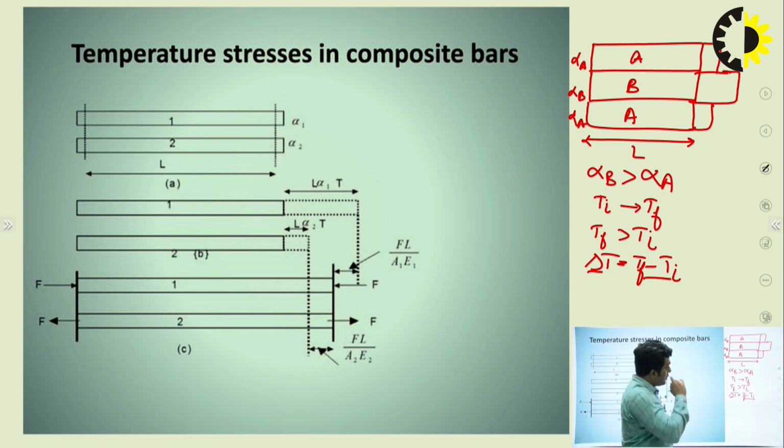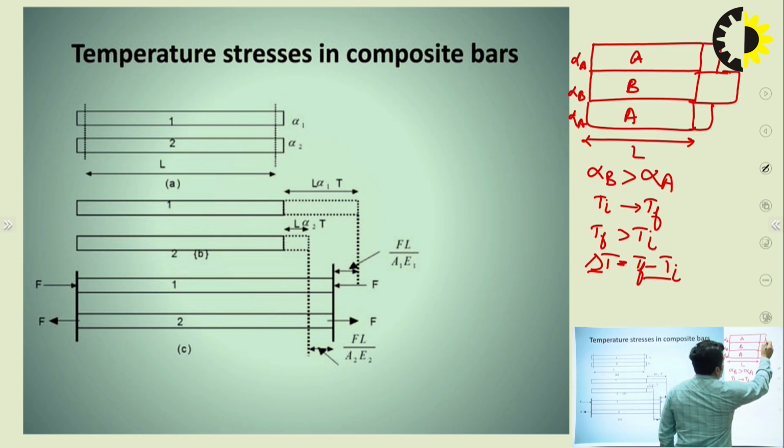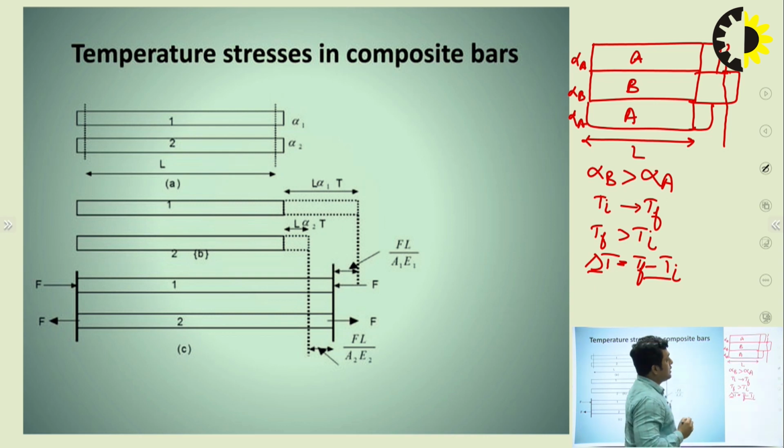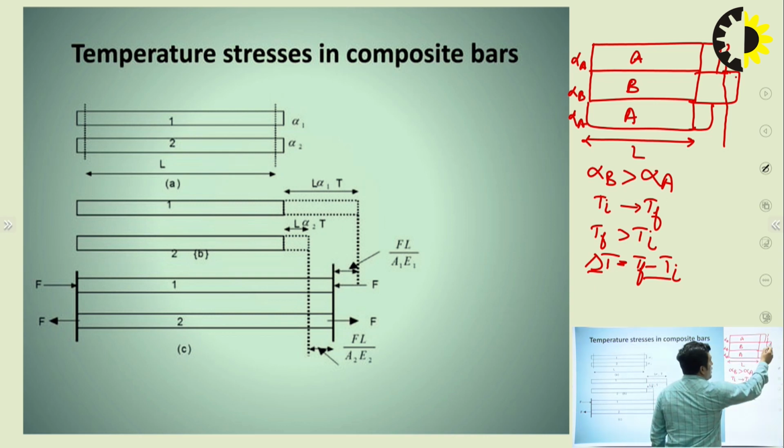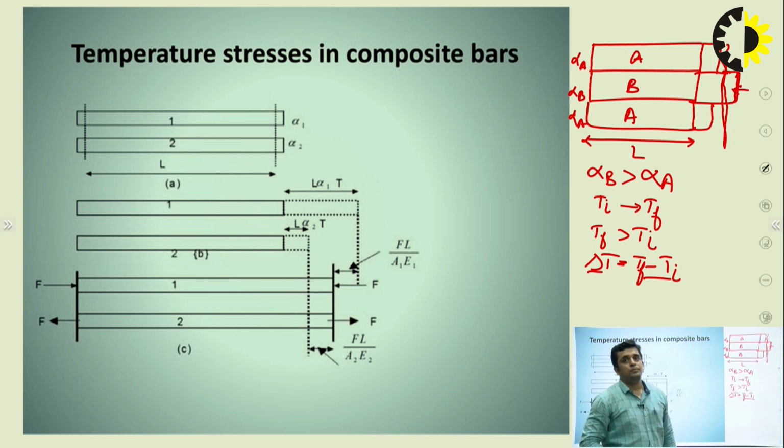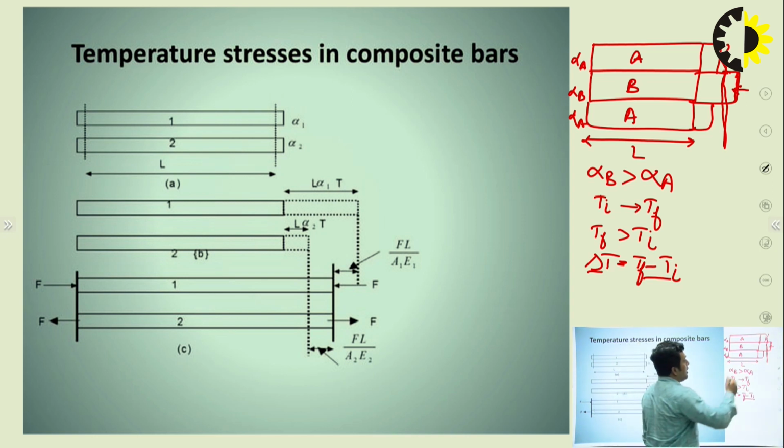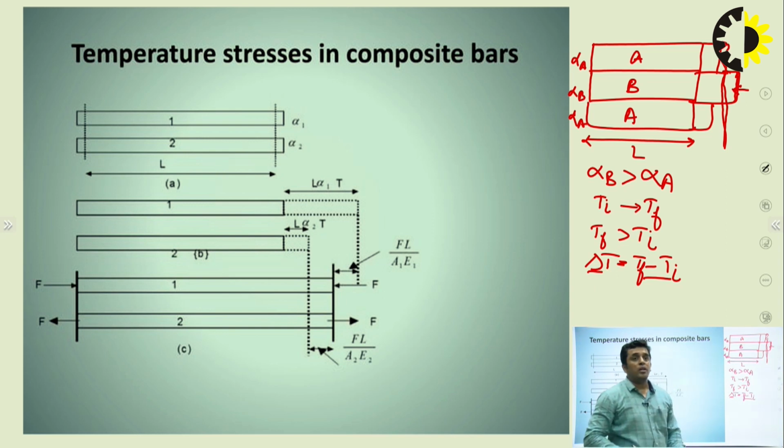Now, if I take an intermediate section in between these two points, I can say if this end point of material B wants to reach this axis, we are going to have a push on material B, and similarly at the same time we are going to have a pull on material A. Are you getting it?